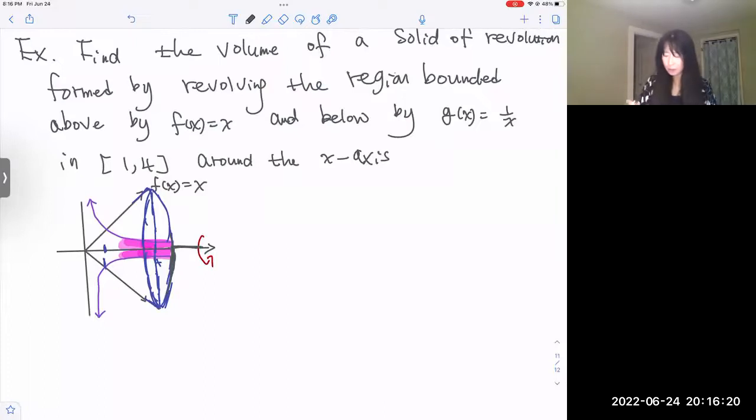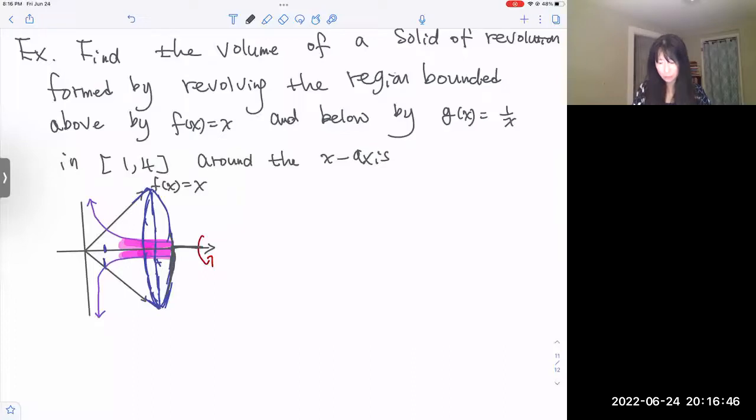So from the x-axis, the outer will be the top graph, and the inner radius will be the bottom graph, because they're rotating about the x-axis, yeah? Is it clear?